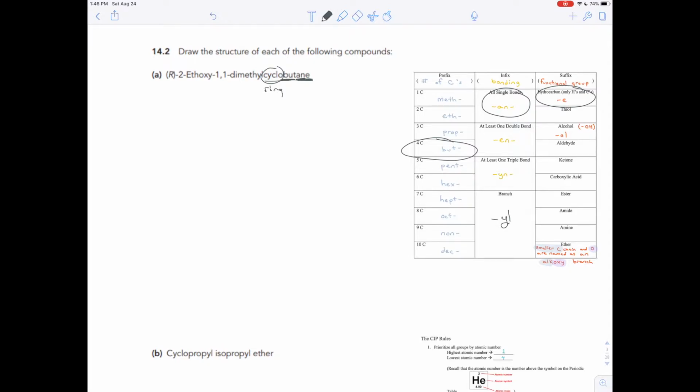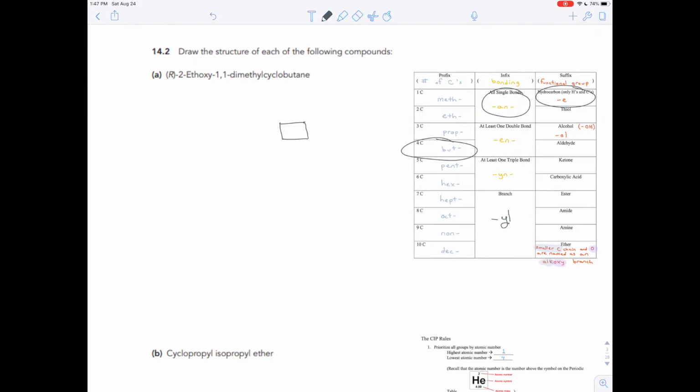So this is going to be a ring with 4 carbons. What does a 4-carbon ring look like? It looks like a box, a square. So that's a cyclobute, all single bonds, AN, only hydrogen and carbon, E. That is cyclobutane. So that's our backbone.